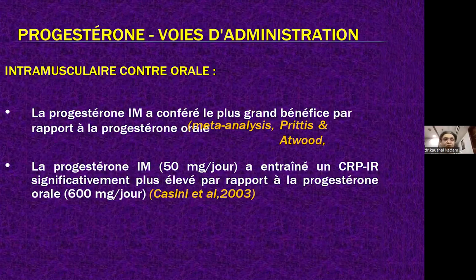But like I said, this was way back in 2002, 2003. But now we are getting a lot of recent studies that have confirmed that, whether it is vaginal, oral, or intramuscular routes, we are able to achieve similar success rates.